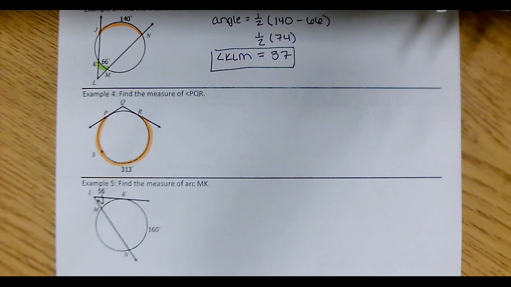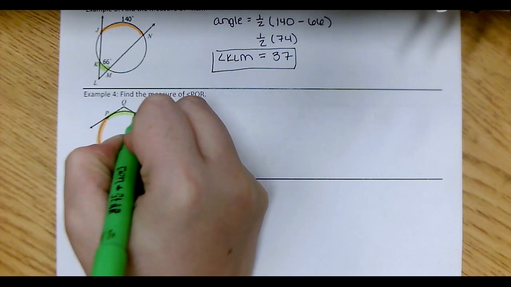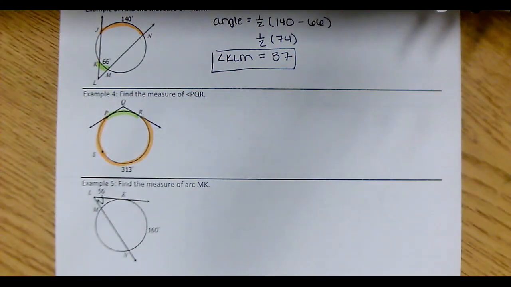So it's a pretty large arc for our example here. Well, in order to use our formula, we need to have the little arc as well, which is going from P to R. Now, you might be thinking, well, how are we going to find that? They didn't give it to us.